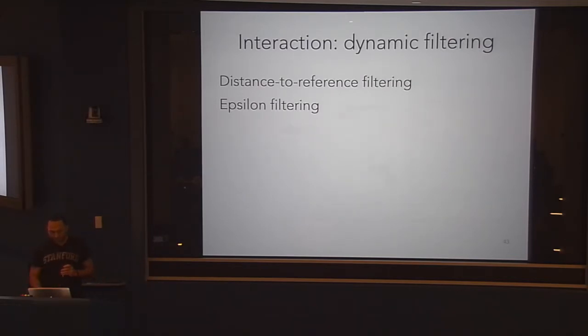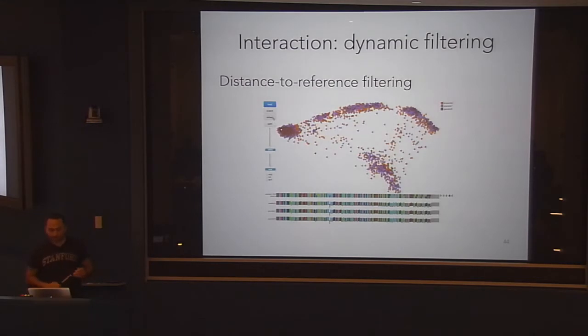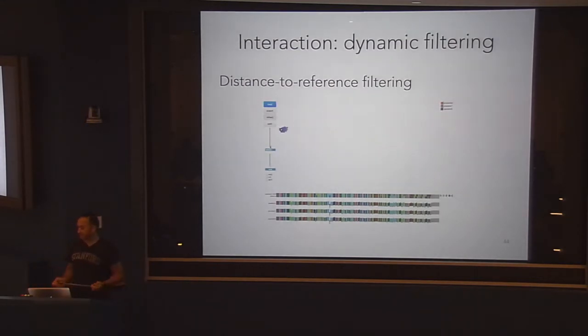Based on these distances, we can think about different ways of filtering the data. One filtering is what we call distance to reference filtering. That is important for this data set because biologists generally would like to see how the mutations change with respect to the reference sequence.